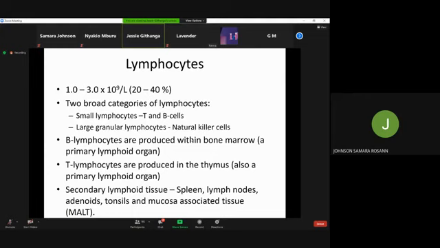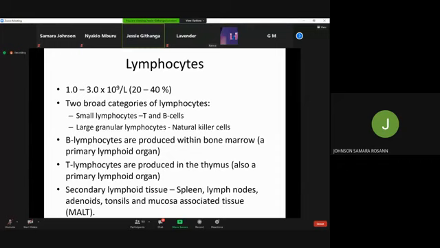These are the spleen, the lymph nodes, which are found in or close to several tissues and organs, and adenoids, tonsils, and mucosa-associated tissue, also known as MALT. So these are the categories of sites that are very important for our immunity in the body.